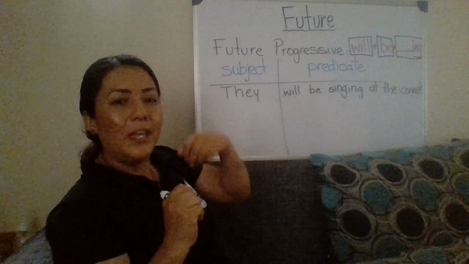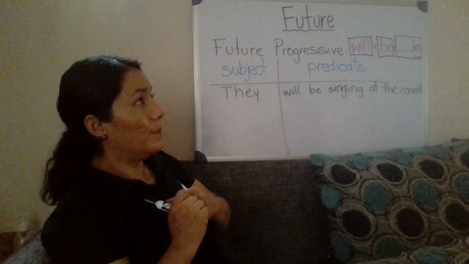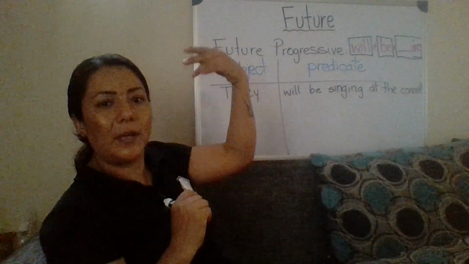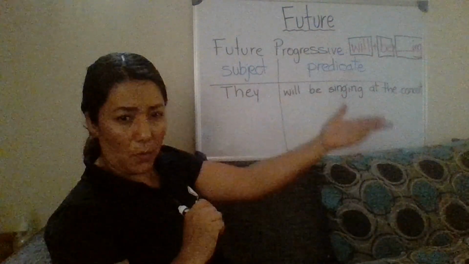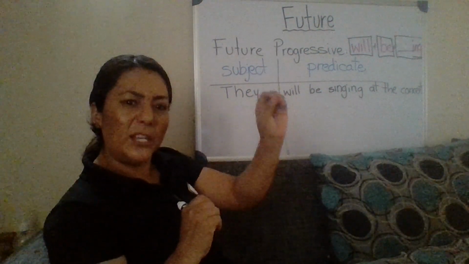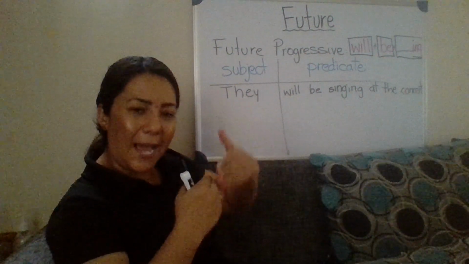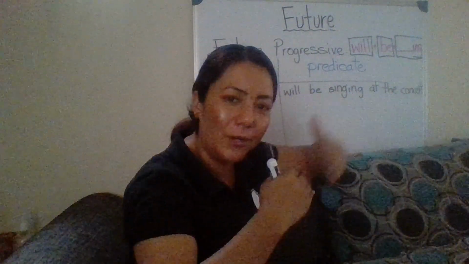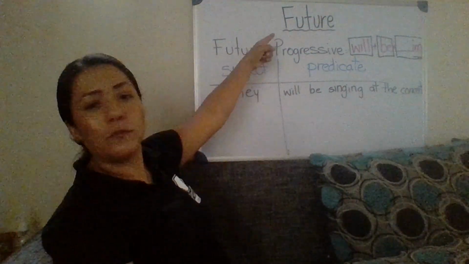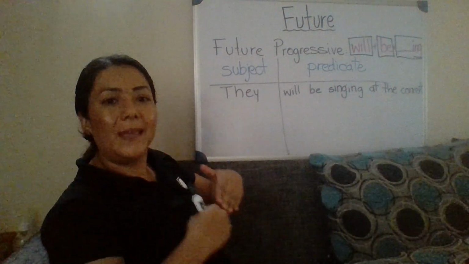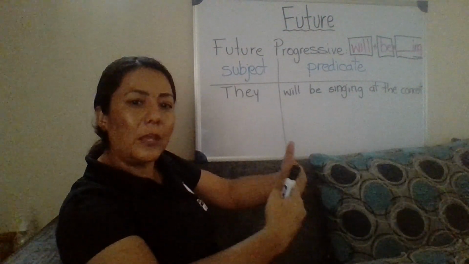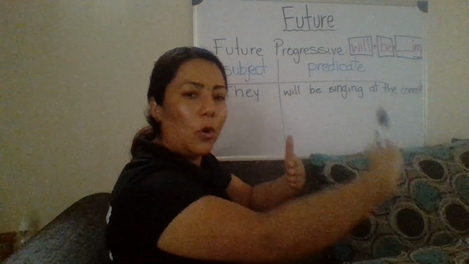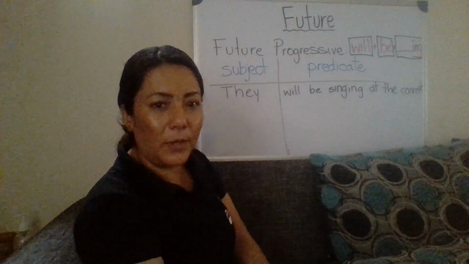For example, if you're talking about a class that will take place tomorrow and you want to mention something that will be happening in that class for 1 hour, 2 hours, then you would use future progressive. It is an action that will keep on going for a certain period of time.